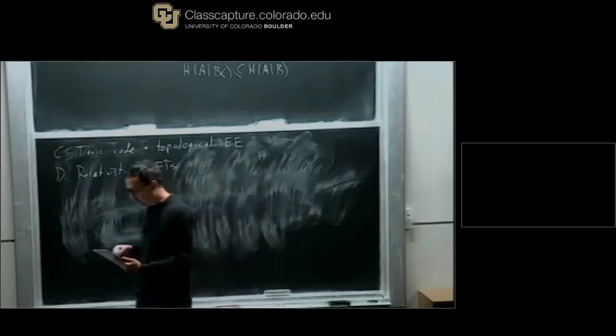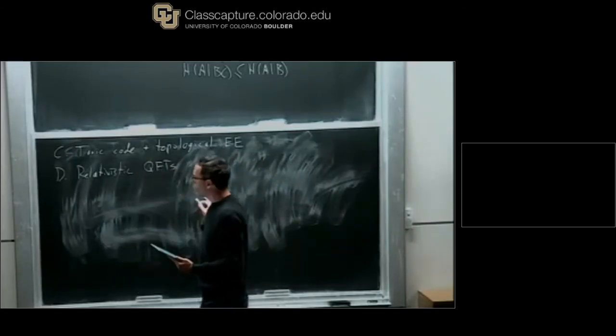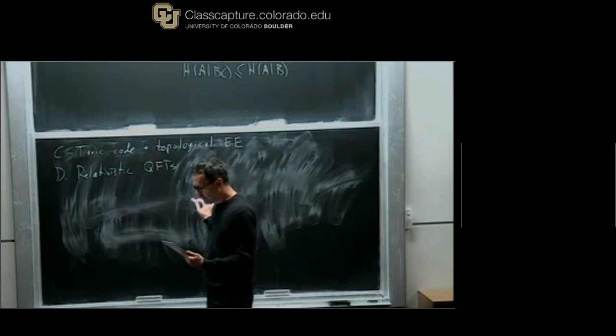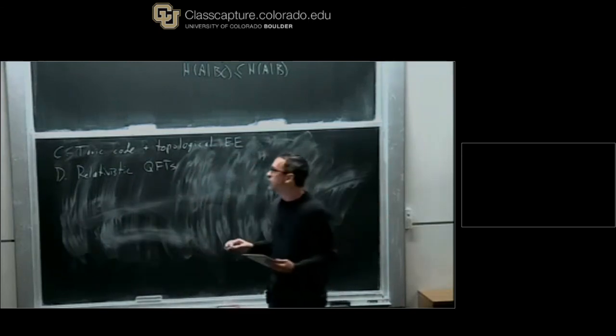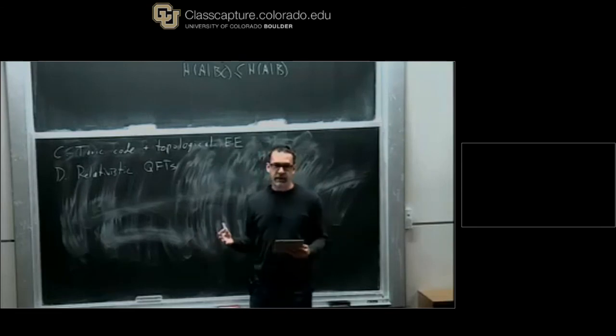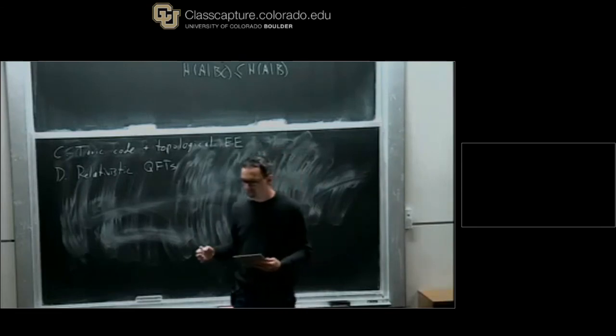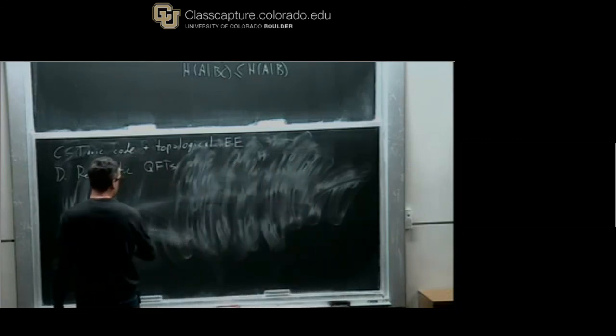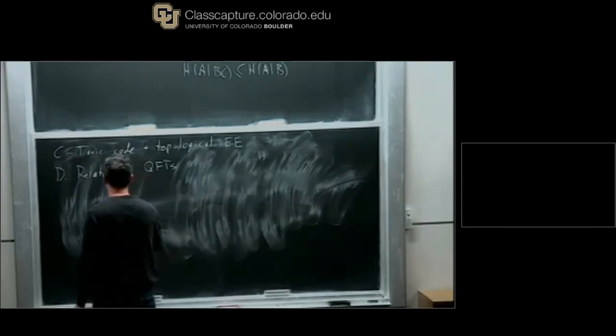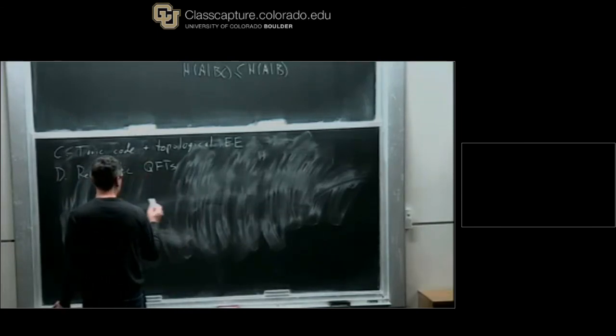I'll mostly be doing field theory in Minkowski space. It turns out that relativity constrains entanglement entropy in very interesting ways. The first thing is the following. Let's say the board is Minkowski space, and I want space.